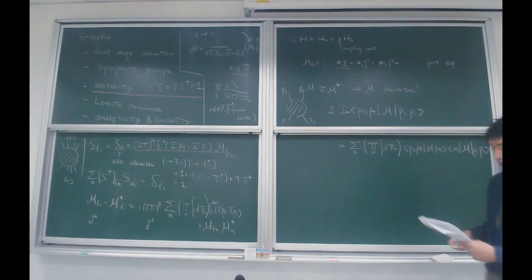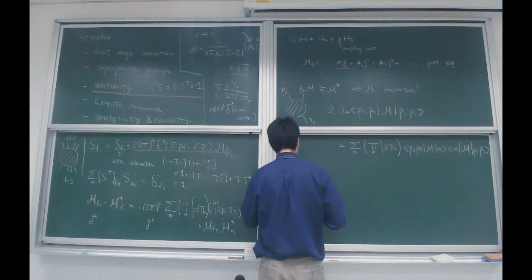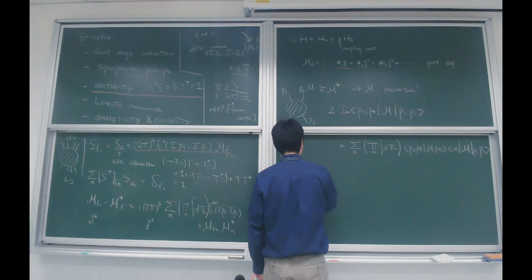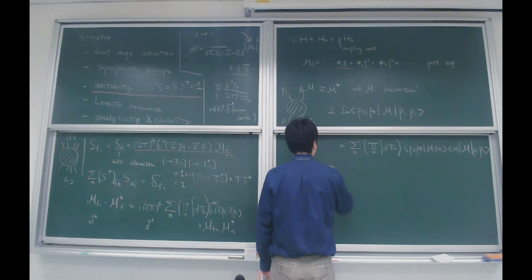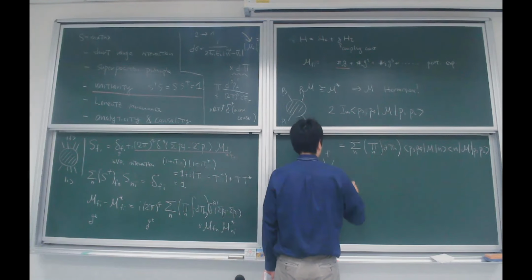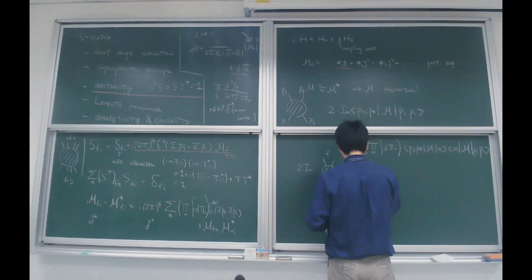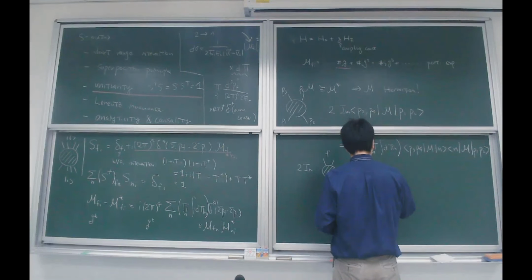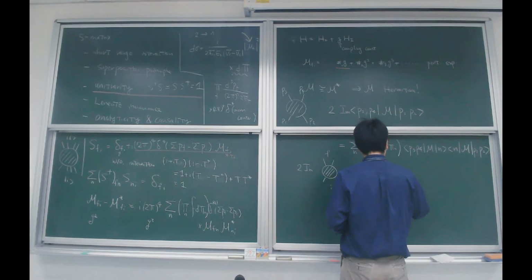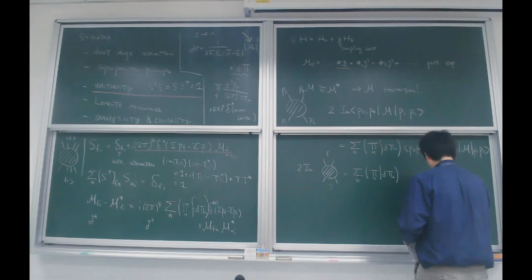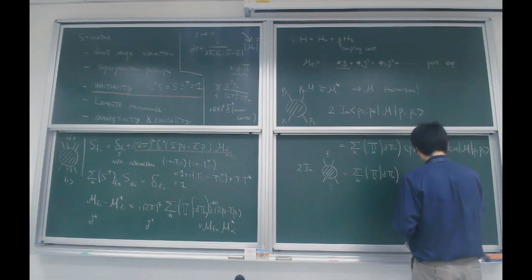Schematically, this process can be understood as 2 times the imaginary part, with the initial state and final state, as the sum over n and the product over n, and then we have the 2 process.